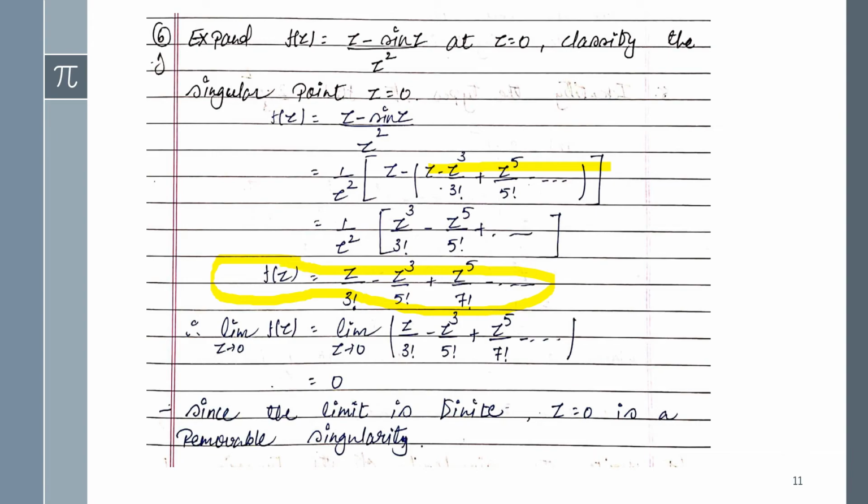Okay. Now to find its pole of order, it should become 1 upon z minus a form, right. But you can see that here in the denominator there is no such term. You are not getting any term in the 1 upon z minus a format.